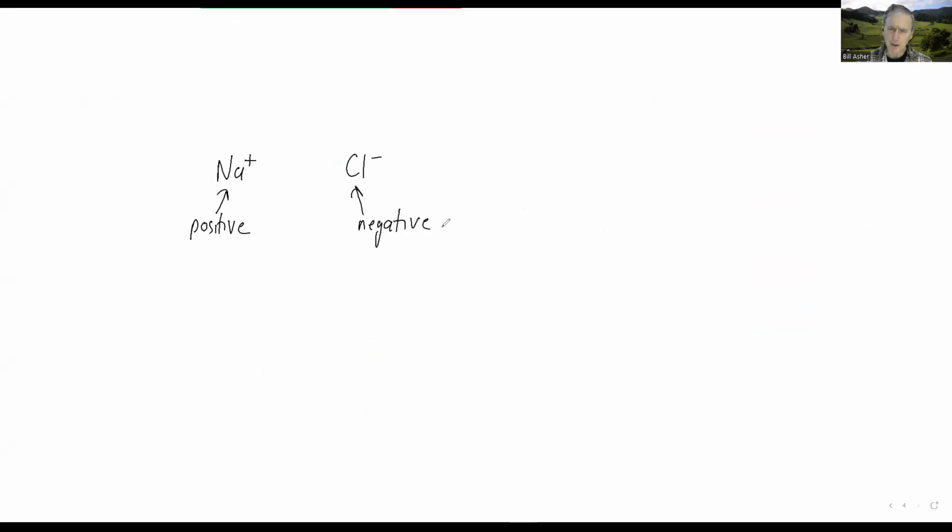So the compound formula for an ionic compound will always be charge balanced. That means that in NaCl, we don't write the charges, but you get +1 from sodium and -1 from chlorine.